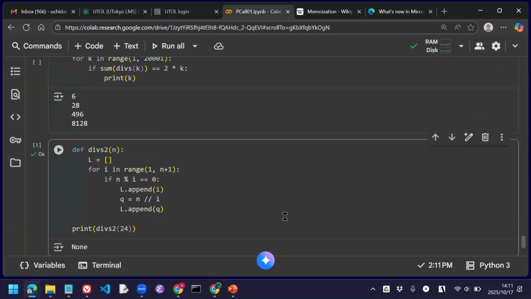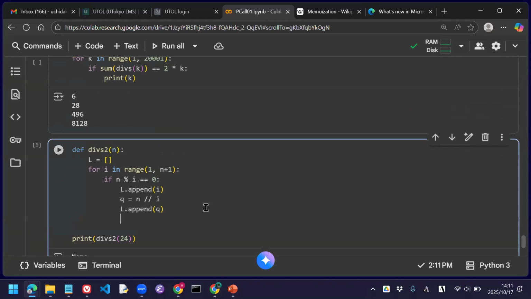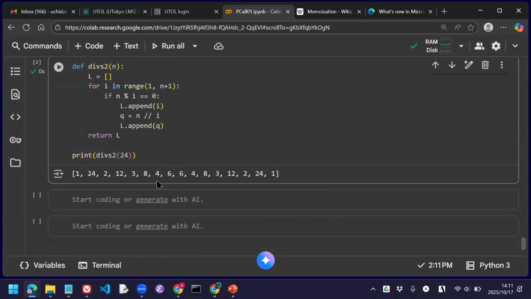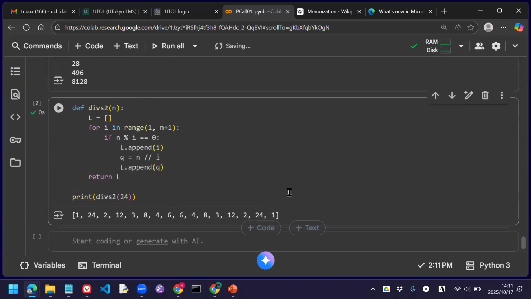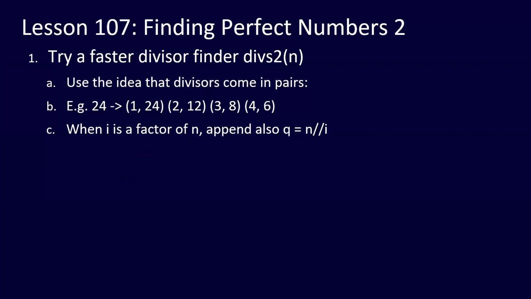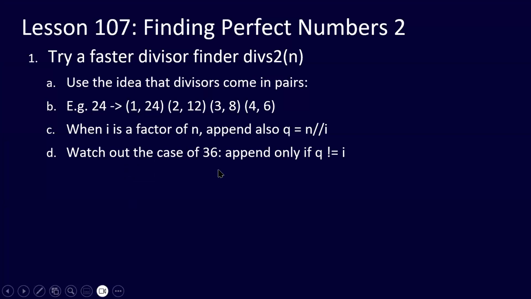Okay, there is none. What's wrong with it? I need to return L. Okay, L. So let's see what this means. The problem is we add the same things twice or many times. So we need to watch out, or break from the loop if i squared is greater than n.